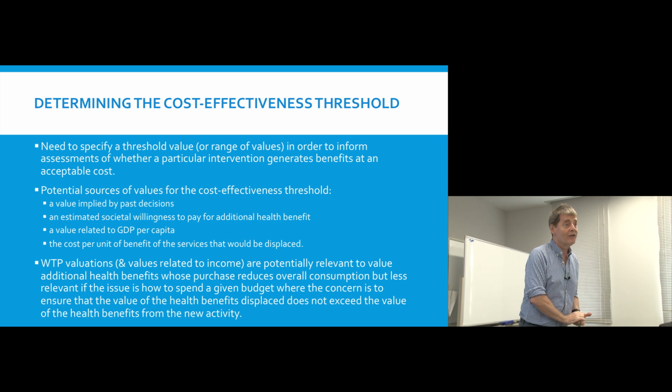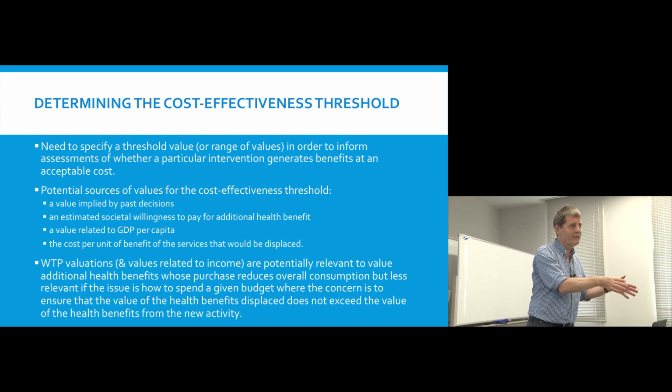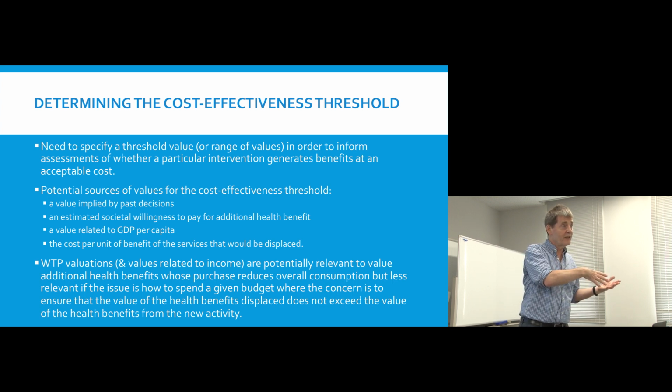Now that's no simple task, but conceptually perhaps it's quite appealing, because it means that as we take on board new activities, we're doing it knowing that we're producing more health benefit from our resources. To do the opposite, to take on new activities and for health benefit to shrink as a consequence, is very unappealing.